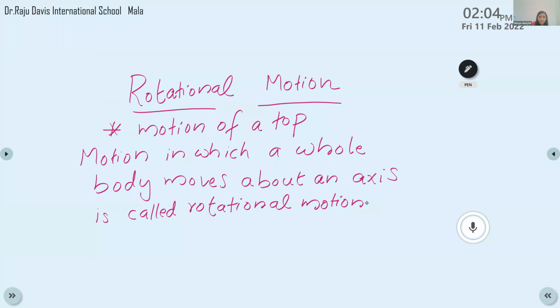So the best example is the rotation of Earth. Another example is the motion of a top. How can we define rotational motion? Motion in which a whole body moves about an axis is called rotational motion. Planets moving around the sun is also an example.